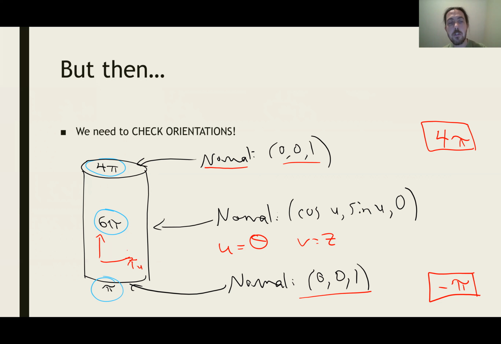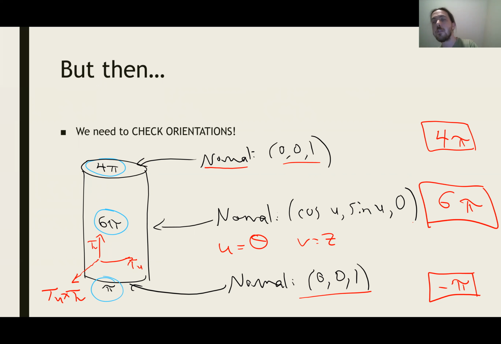So my tangent vectors in the u direction and the v direction are pointing horizontally and vertically like this. And so I can figure out their cross product using the right-hand rule. If I point my thumb in the direction of tu and my index finger in the direction of tv, my middle finger, tu crossed with tv, points outwards from the cylinder. And so this is oriented correctly.